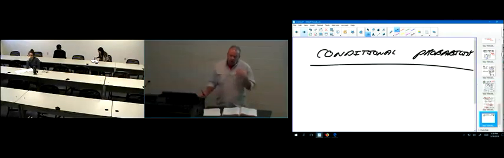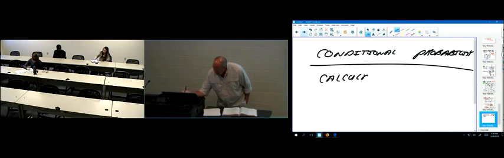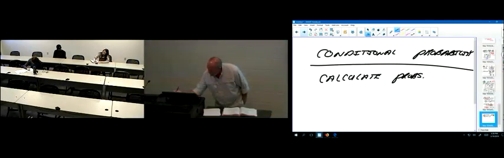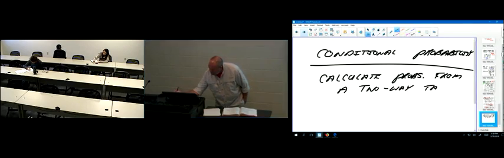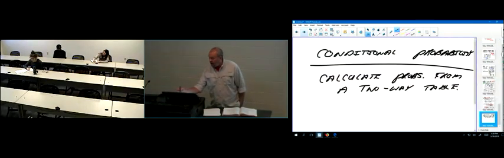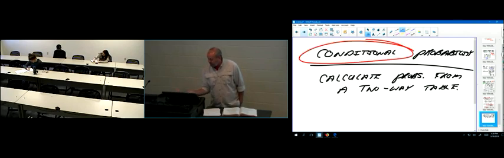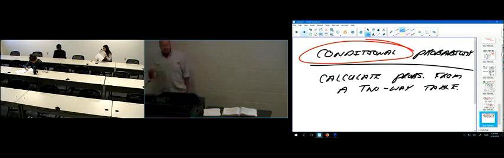So, conditional probability. What we're going to be able to do on Thursday is calculate probabilities from a two-way table. And just like we did conditional distribution, we're going to calculate conditional probability. Now here's the thing.